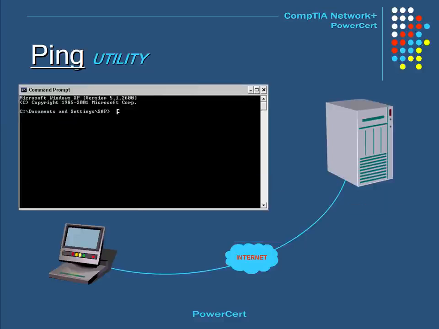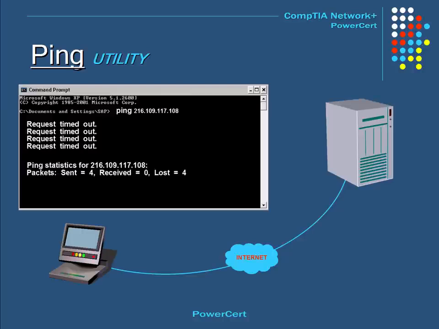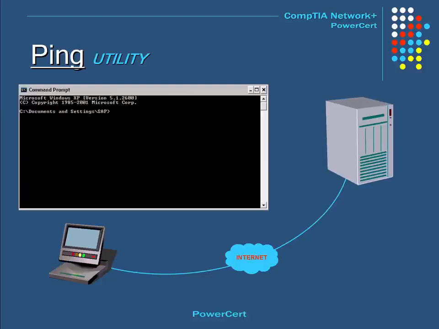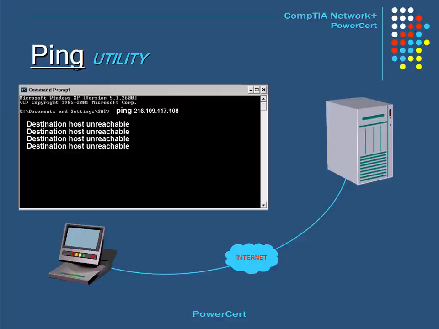But if we pinged the host, and we get a message that says request timed out, then that could mean that the host is down, or that it's blocking all ping requests. Or if after we pinged, we get a message that says destination host unreachable, then that message is coming from a router, and it means that a route to the destination cannot be found.